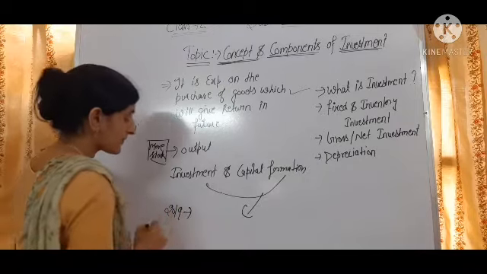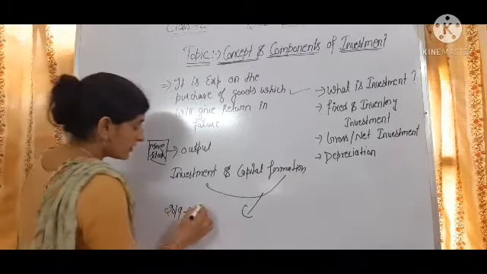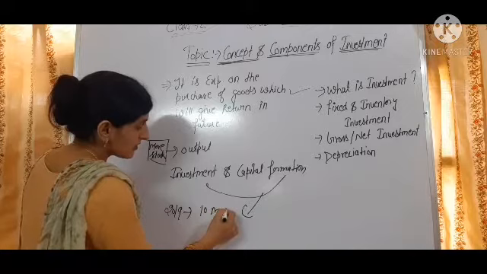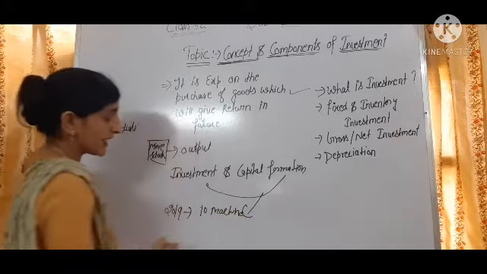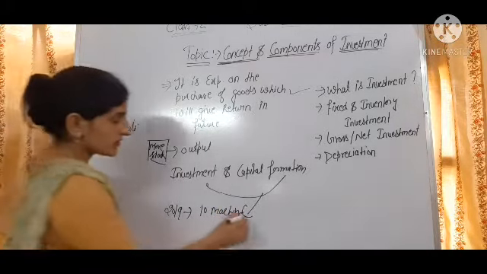For example, capital formation means, in 2019, we can say there are 10 machines with a producer who is manufacturing clothes.